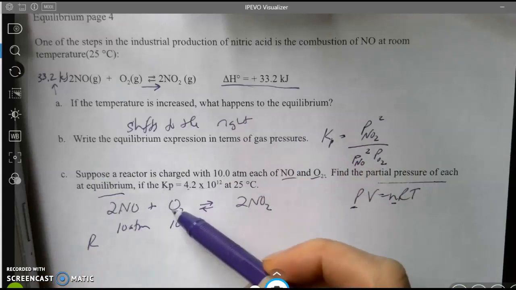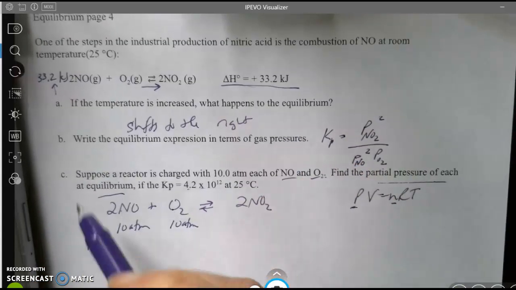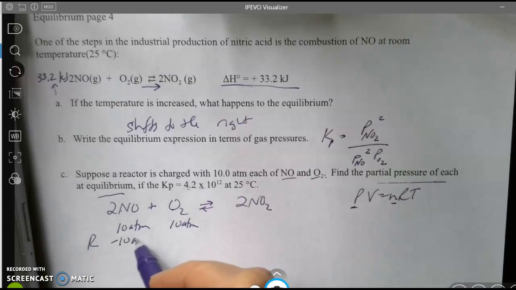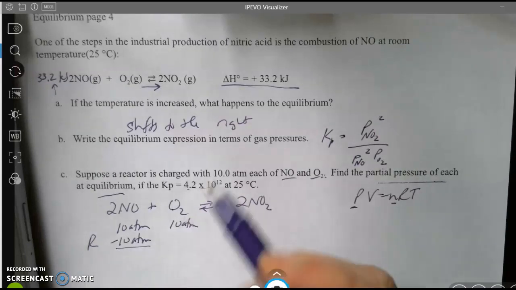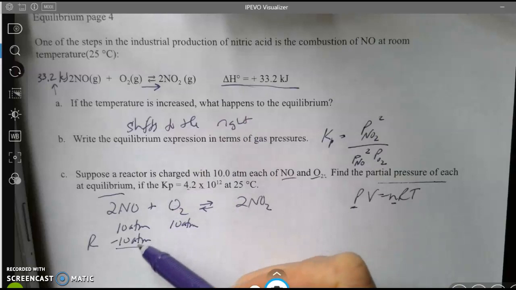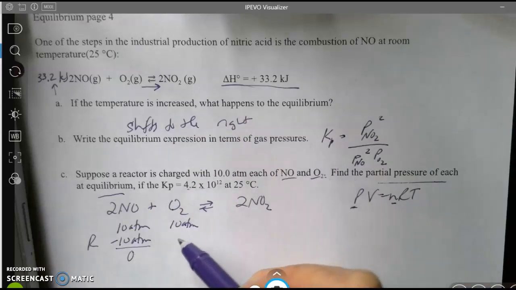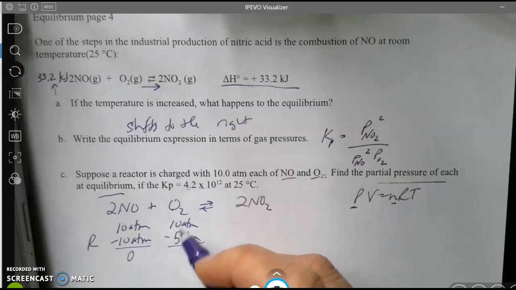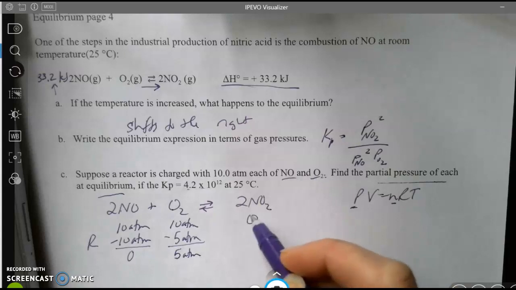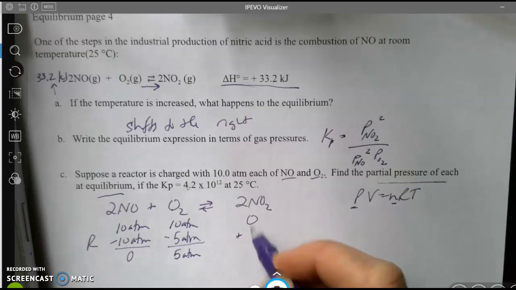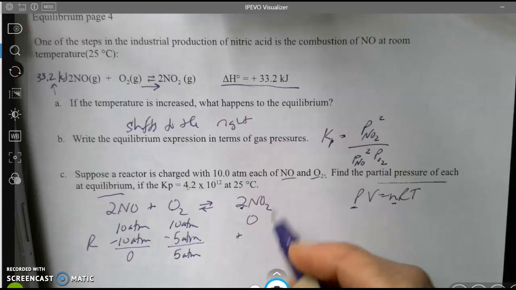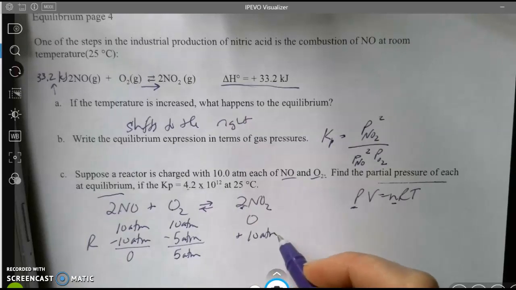Since this is a 2-to-1 ratio, this is going to get used up first. So this is just like a limiting reagent problem. So this will end up with none of this after the reaction has taken place. I'm going to use half as much of this, so I'm going to subtract 5 atm of the oxygen, and this was really 0, so when it reacts, because it's twice as much as the oxygen, it's going to be 10 atm as well.